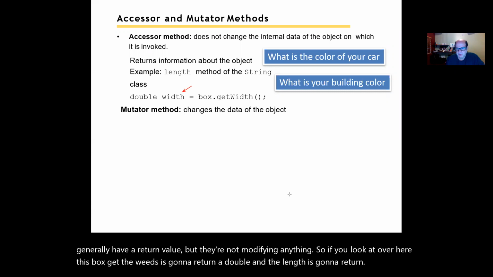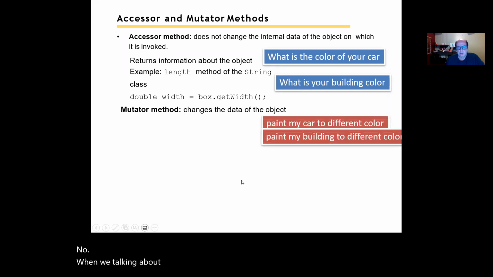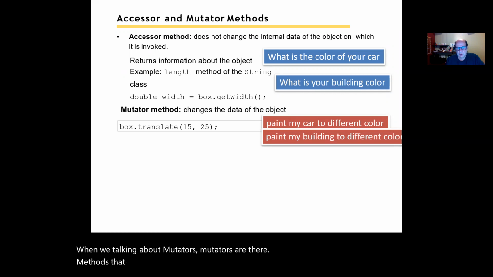Now, when we're talking about mutators, mutators are the methods that are going to change some data inside my object. So remember, every object is going to have some data, so we can potentially change it.